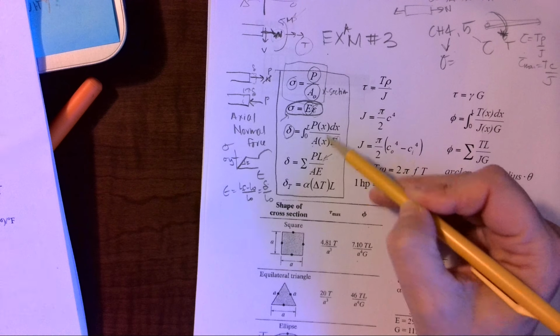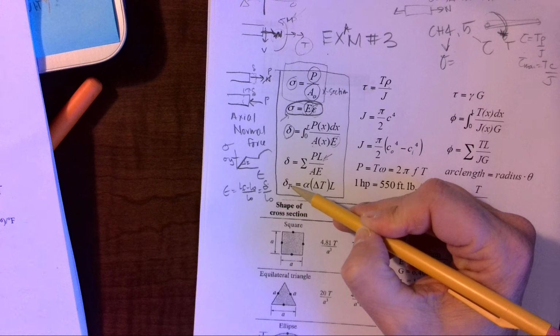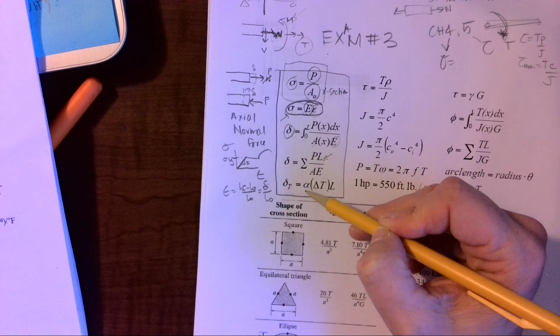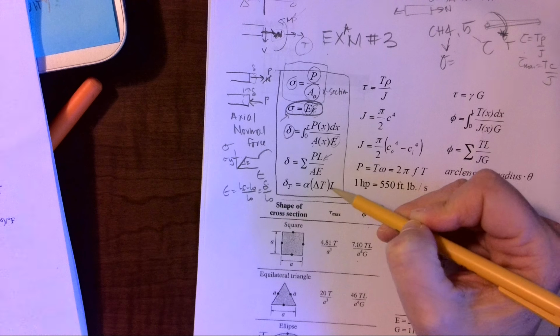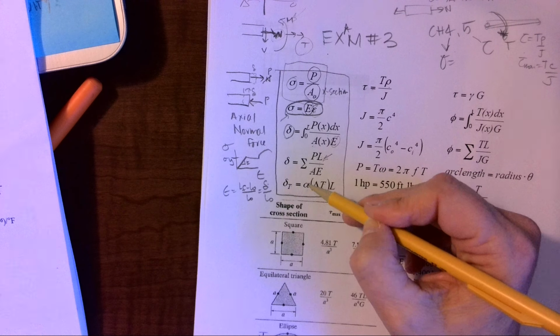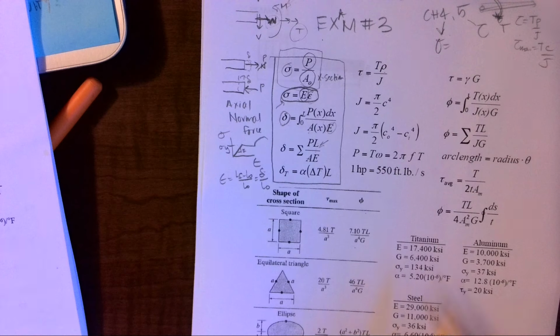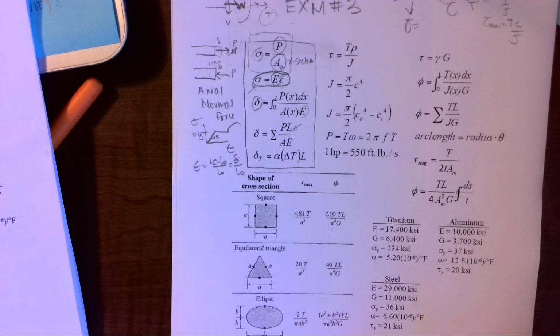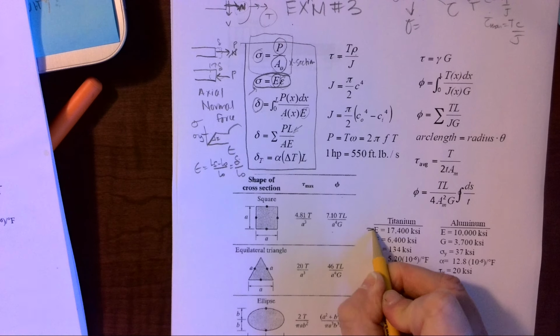We can also have a change in length due to temperature loading: alpha, delta T, L. So the length of the segment, the change in temperature of the system, and our thermal expansion coefficient. So you need to be able to recognize from the materials that you were given, either from the exam or in the back of the book, that this is E. It has to do with normal stress.